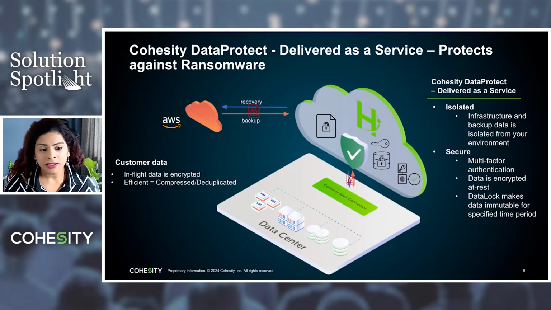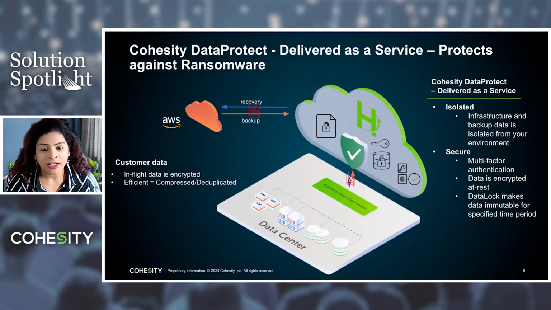So all of this data is encrypted both in flight and at rest. And the backup is efficient because it's compressed and deduped and ensures that only the incremental changes are backed up with every consecutive backup. So all of this makes your data isolated.